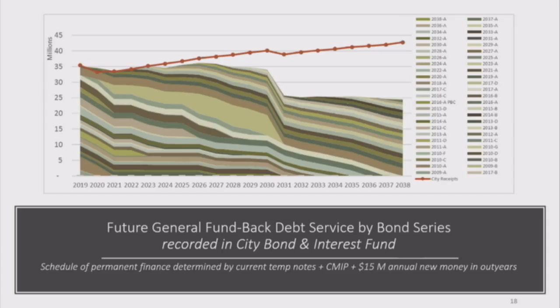That shows some room for additional capital expenditures bonded. At some point in 2024, you probably could borrow more than 15 a year, because you see how there's room. And you could definitely borrow more than 15 a year beginning in 2030.